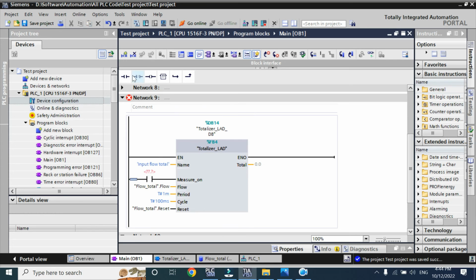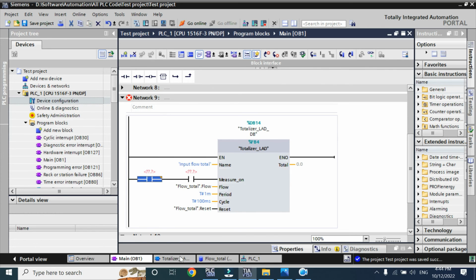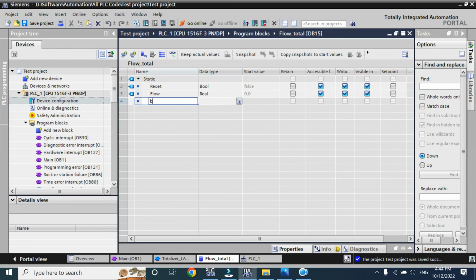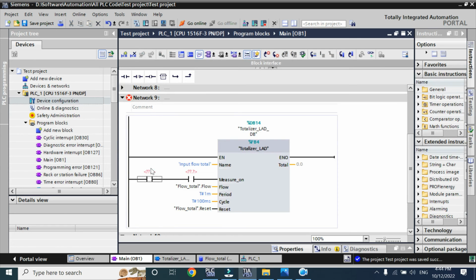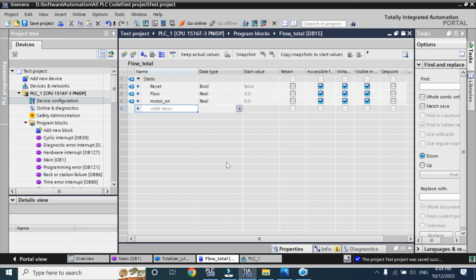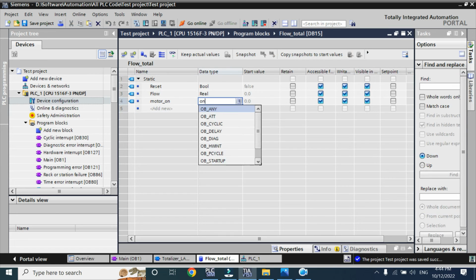Think that is a belt on. You may have a belt on function. So think this is belt on or motor on, a motor on bit from somewhere else. So flow motor on.